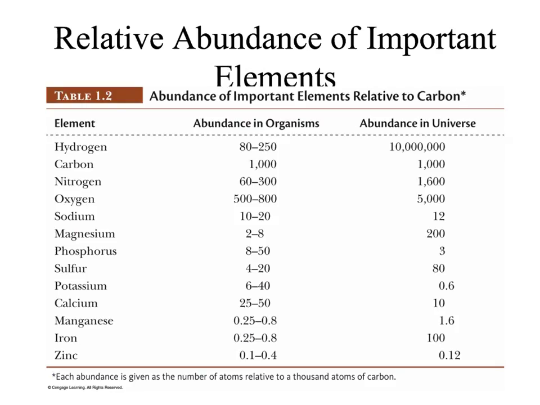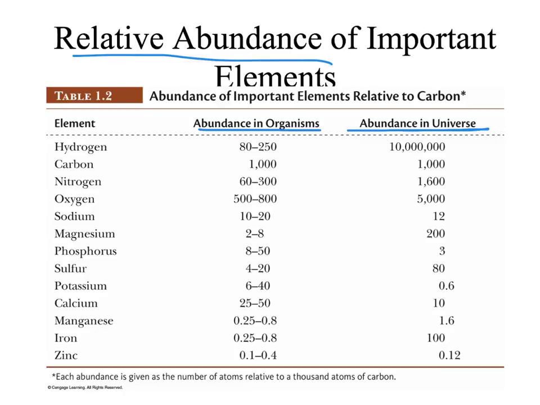So carbon-based compounds are going to be very important, but there are also other elements that are going to be important in biological systems. So here we're just looking at the relative abundance of some of the important elements. Okay? So we're looking at abundance within organisms and then abundance in the universe.